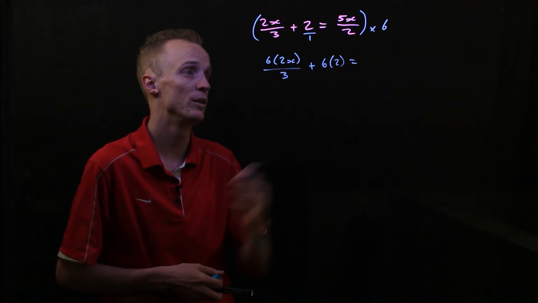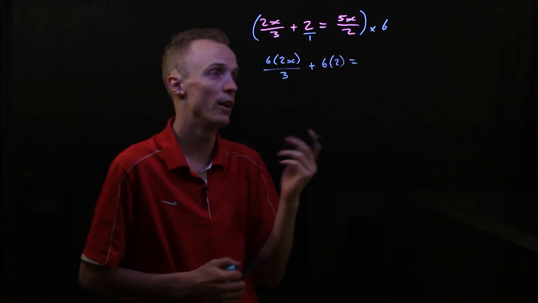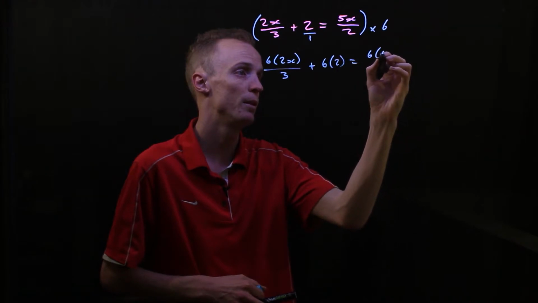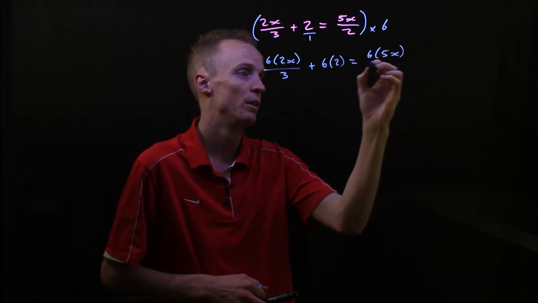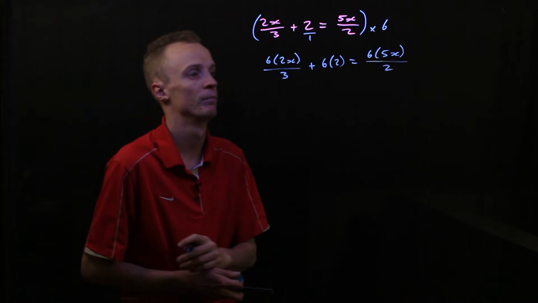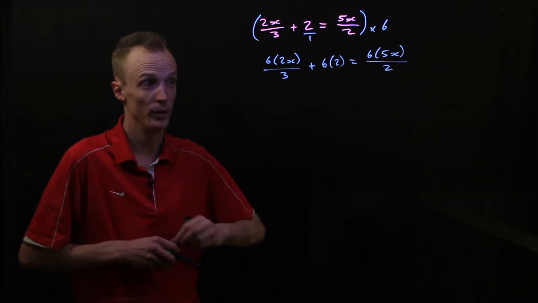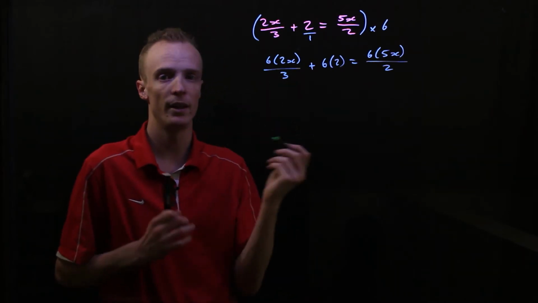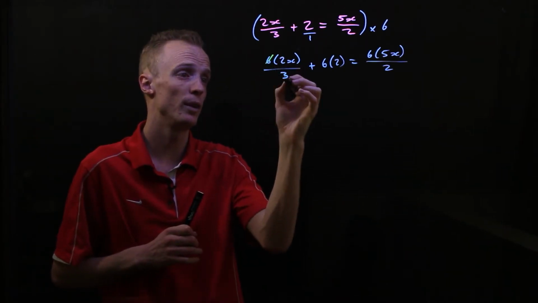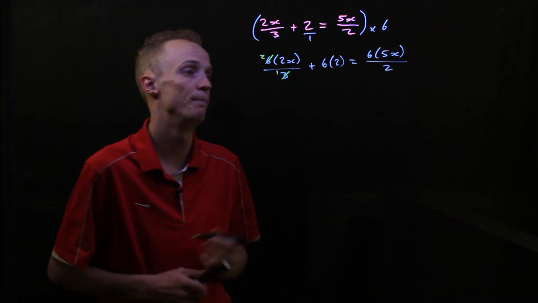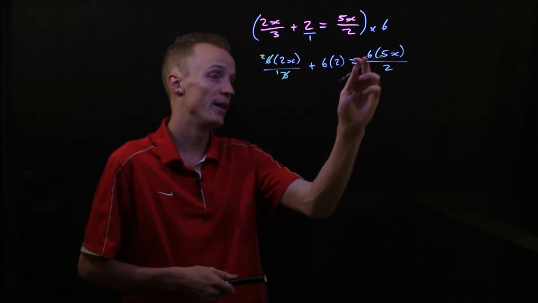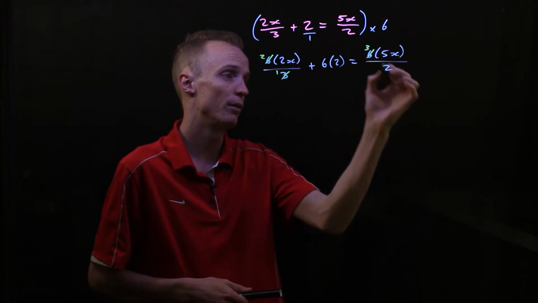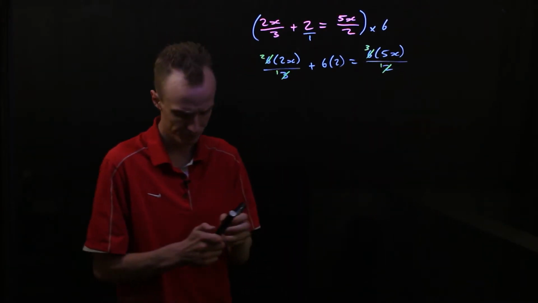And that'll be equal to the third term, 6 multiplied by 5x over 2. Now this allows me to simplify. 6 divided by 3 is 2, so this will be 2 over 1. And over here, 6 divided by 2 is 3, so that'll be 3 over 1.